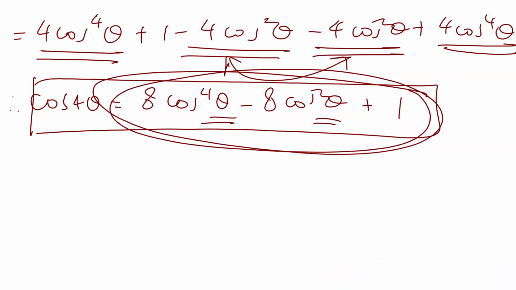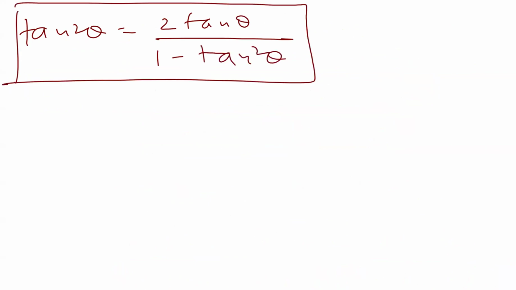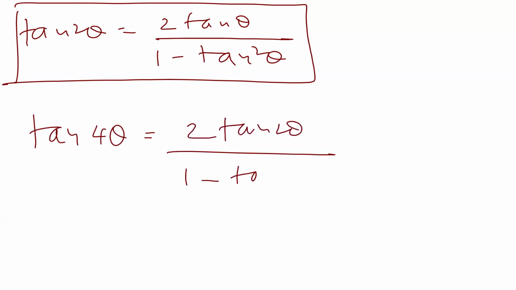Okay. Otherwise, we can use one more way. Tan 2 theta is equal to 2 tan theta upon 1 minus tan square theta. This is the basic formula, but then we require tan 4 theta. That is 2 tan 2 theta upon 1 minus tan square 2 theta. Okay. This is 4 theta in terms of 2 theta.